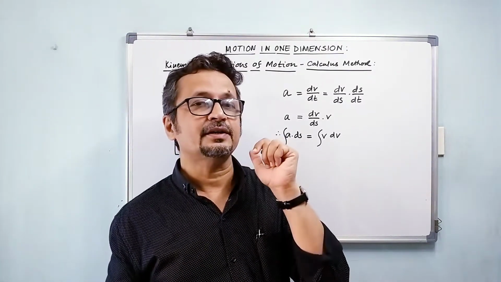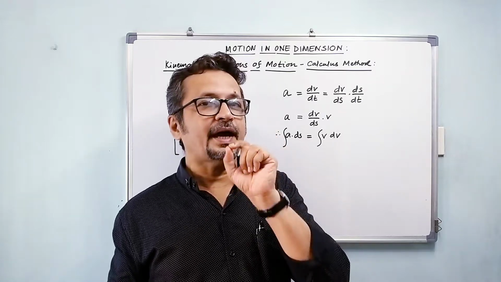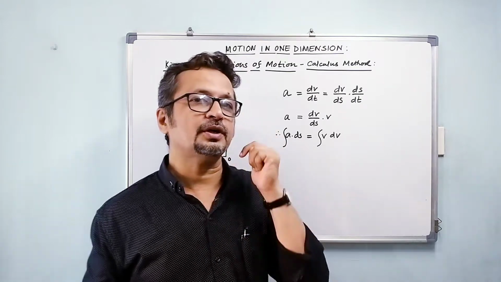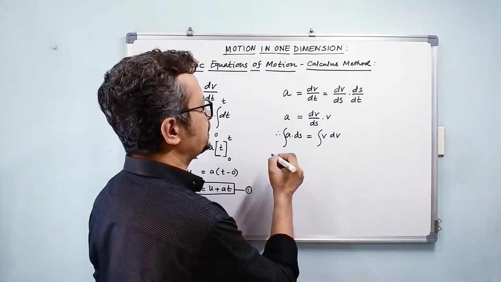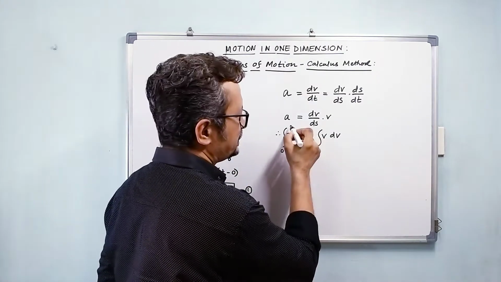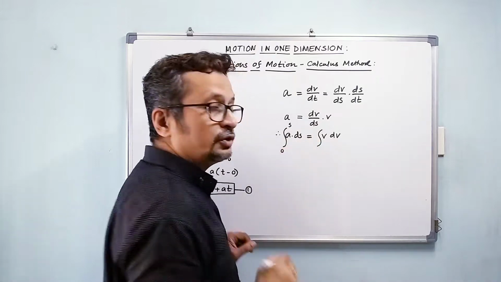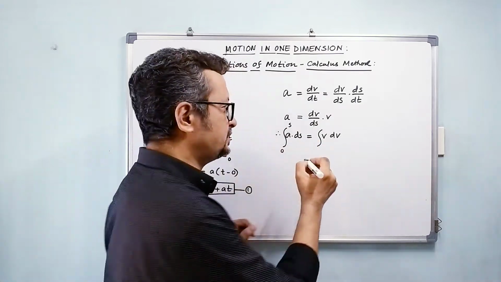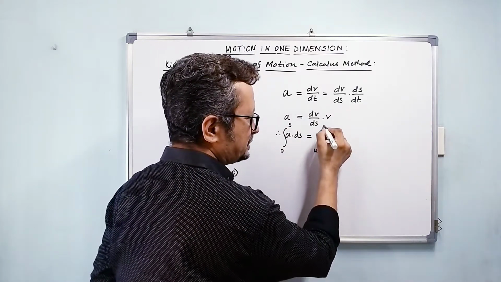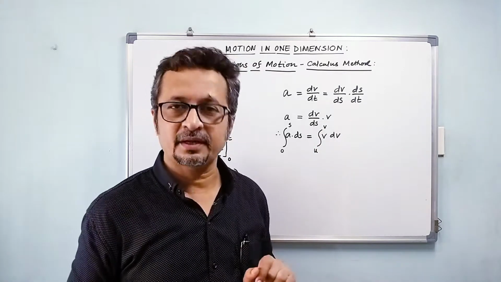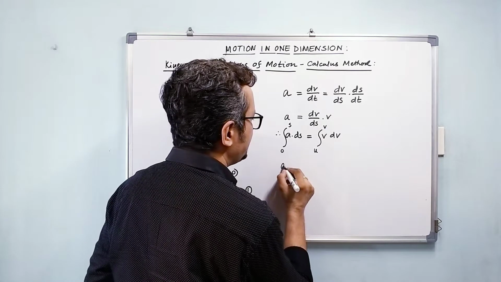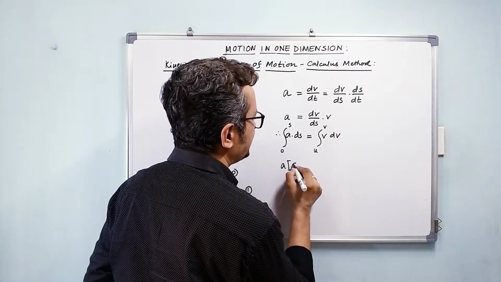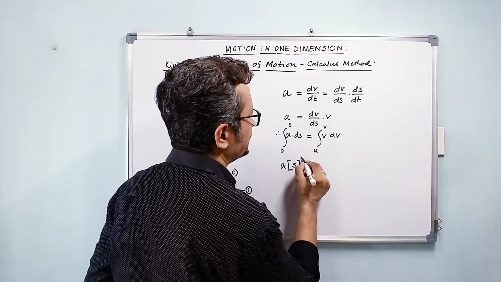Note that my acceleration is constant, so it is going to come out of the integration sign. What is my initial displacement? Is it not 0? And final displacement is s. What is my initial velocity? It is u, and final is v. So my lower and upper limits are u and v.